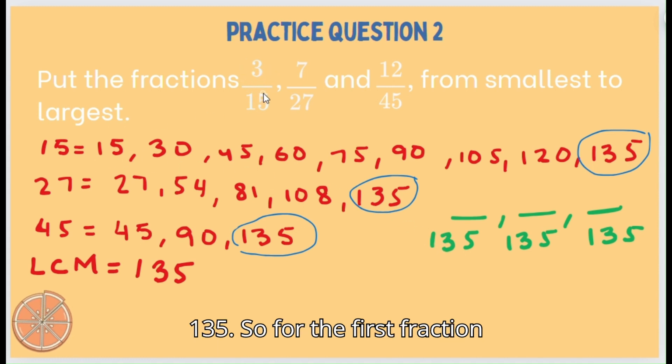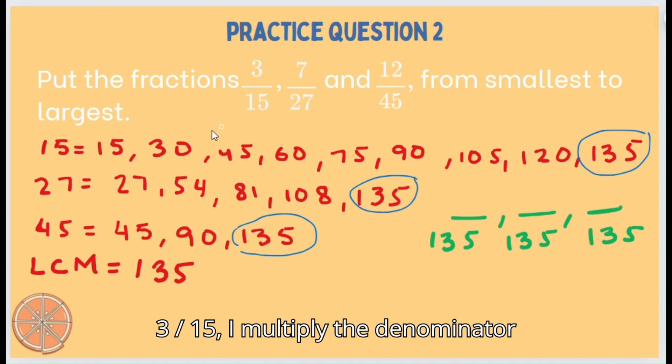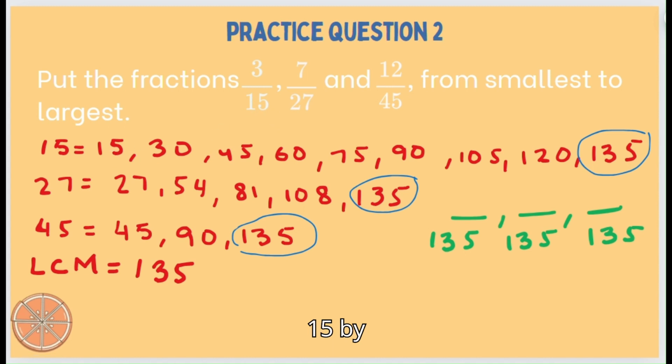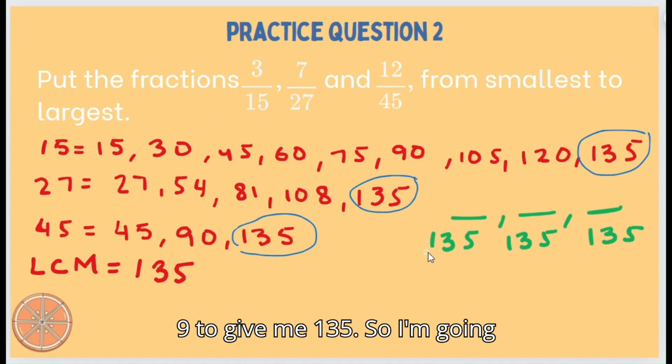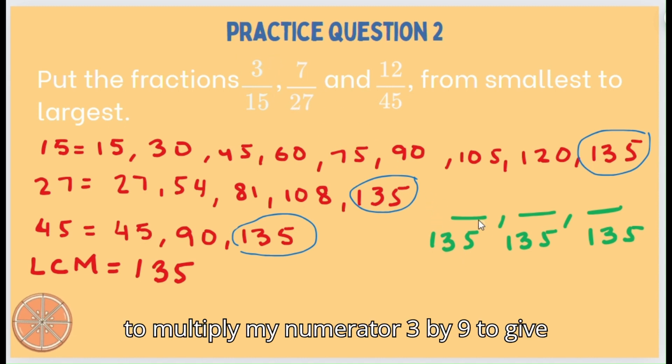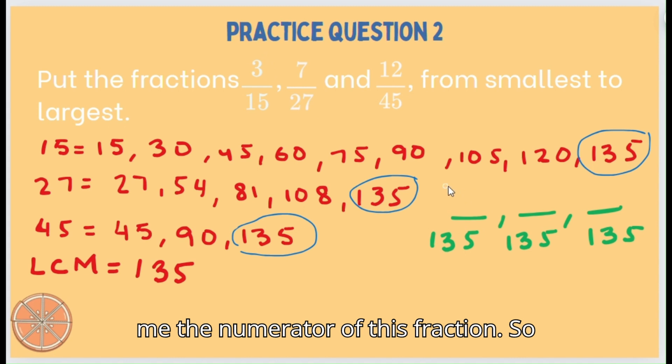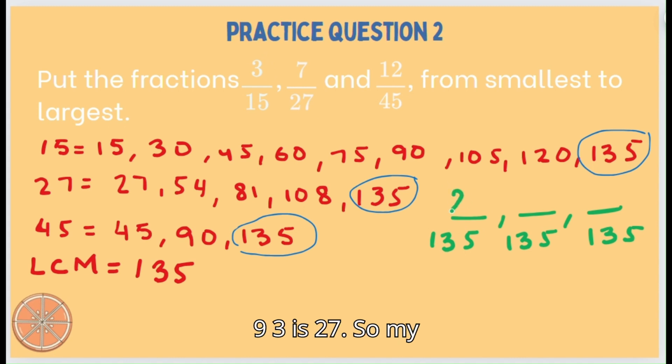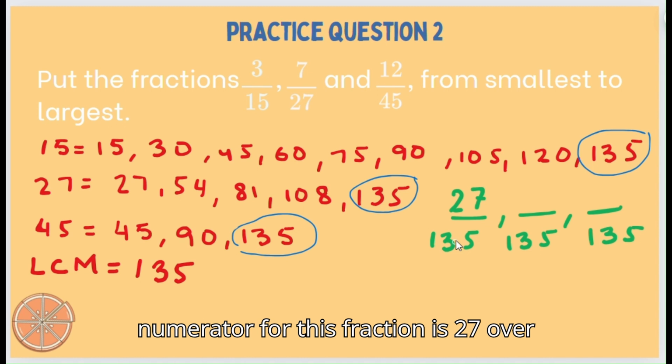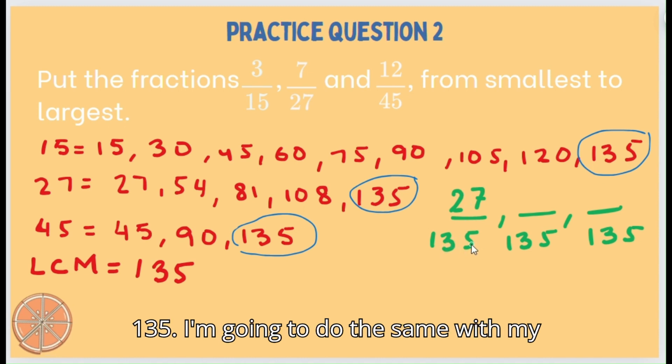So for the first fraction, 3 over 15, I multiplied the denominator 15 by 9 to give me 135. So I'm going to multiply my numerator 3 by 9. 9 times 3 is 27. So my numerator for this fraction is 27 over 135.